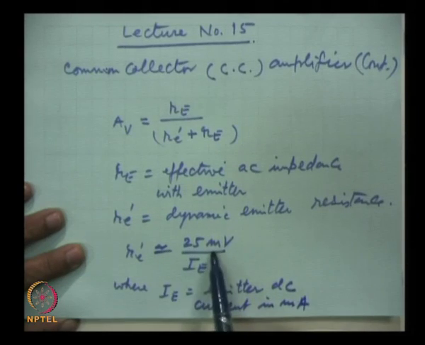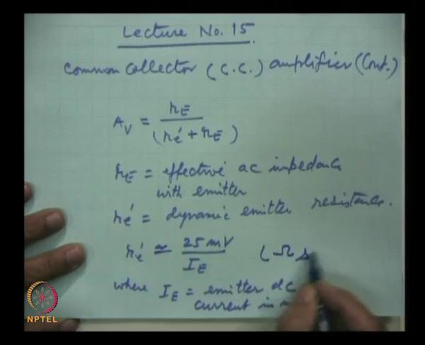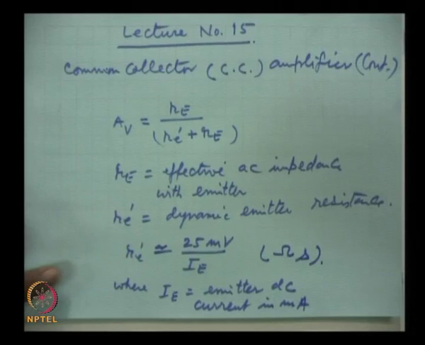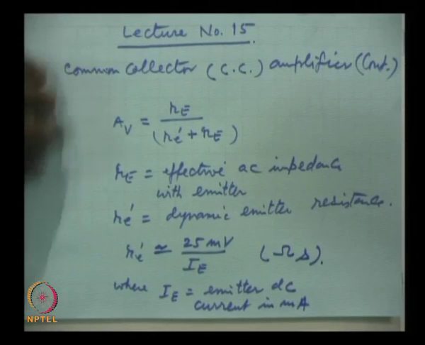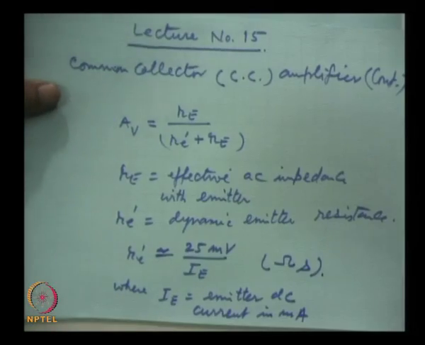When this is in millivolts and I_E is in milliamperes, then this resistance will be in ohms, and this is a very small resistance, it normally varies from say 10 to 40, 50 ohms.